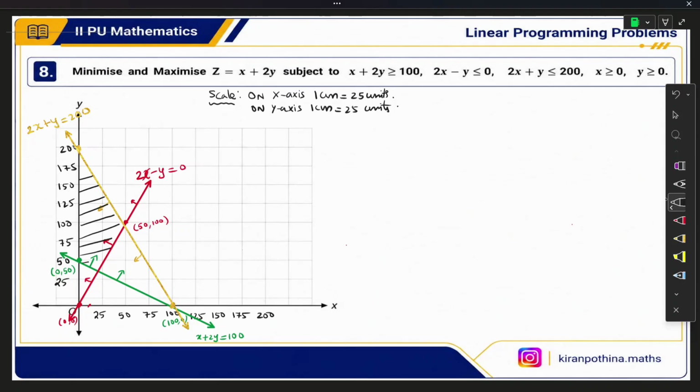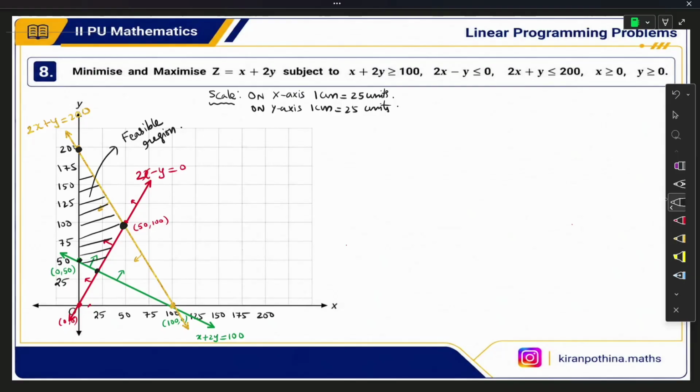After shading, we have to identify the corner points. First I will mention this in words: this is the feasible region. Now I will identify the points. This is one point, this is another point, this is the third point, and this is the fourth point.